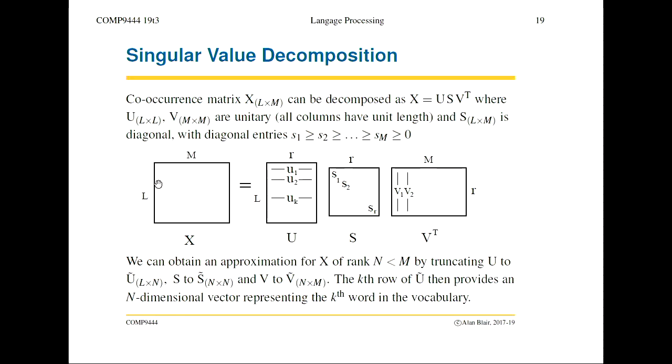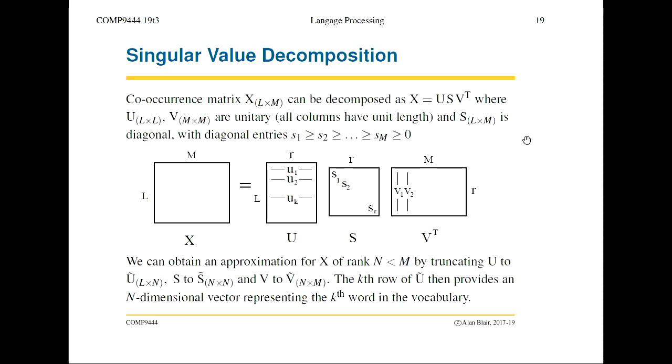As I said, the rows of this matrix give us word embeddings, but they're too high dimensional. So how can we reduce the dimension but still preserve the relationships? Well, a bit of linear algebra here. Every matrix X can be decomposed using the singular value decomposition.